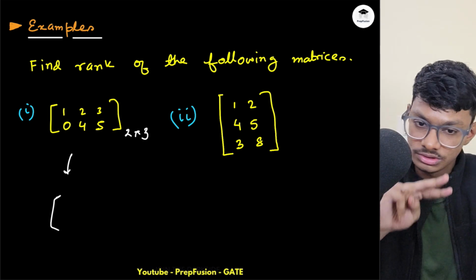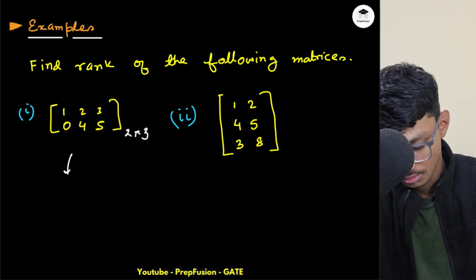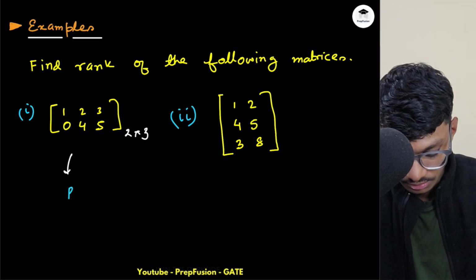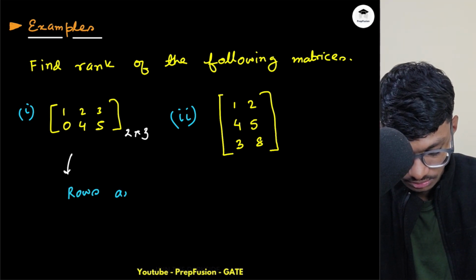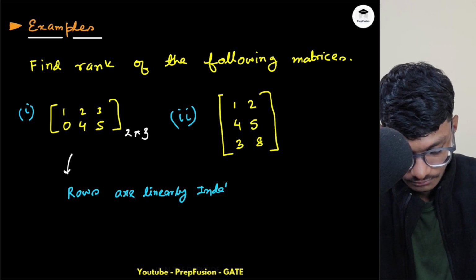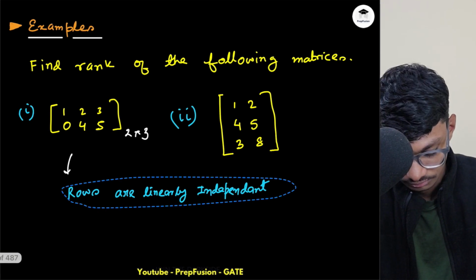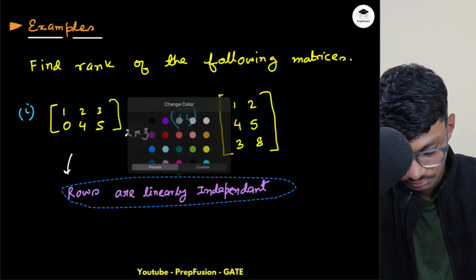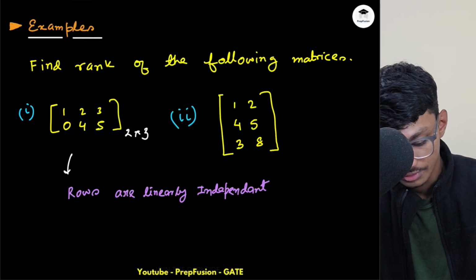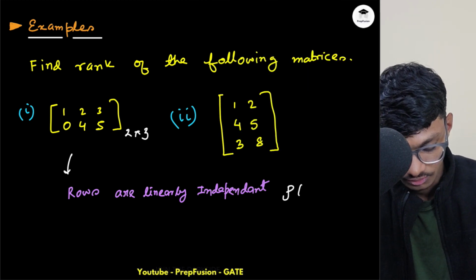Basically we can see the two rows are linearly independent. So obviously the rank will be 2 here. I can say the rank of A is 2.